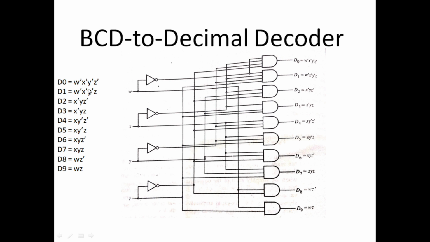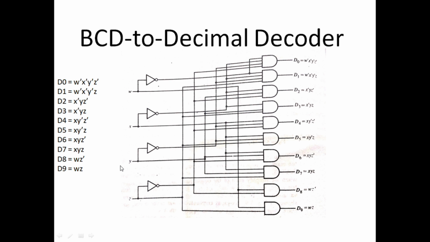Then these outputs are generated from the AND gates, because these Boolean functions are just AND terms, so they are achieved from the AND gate here. So this is a BCD to decimal decoder.